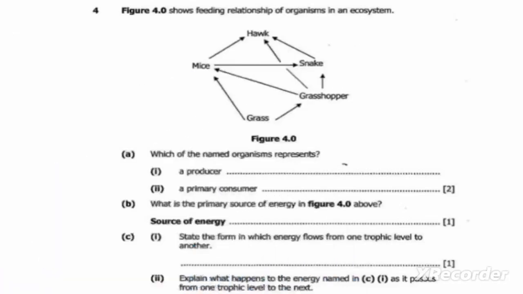We move on to the next question, which is question 4. The question reads, Figure 4.0 shows the feeding relationship of organisms in an ecosystem. Question 4a, which of the named organisms represents a producer, a primary consumer?